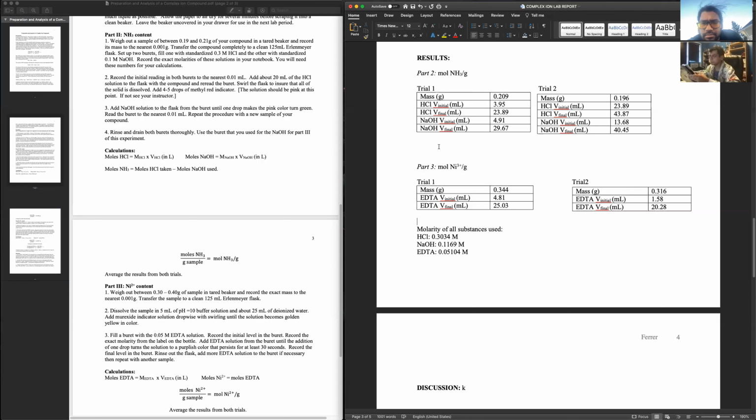So 23.89 minus 3.95 is 19.94, and I move it 3 spots to the left, just divide by 1,000. So I get 0.01994, and then multiply it by 0.3034, and I get 0.00604. Write that down as moles of HCl.